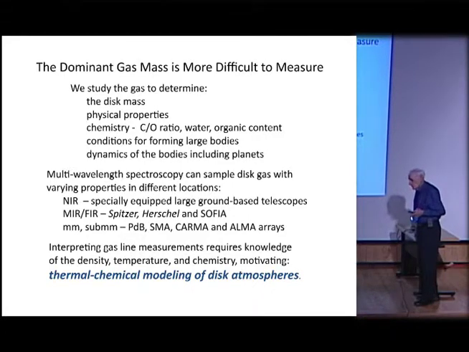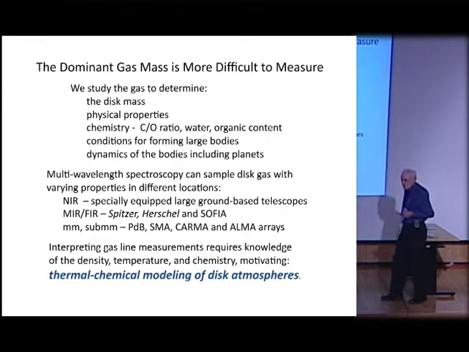Now, we're fortunately, after almost 2 decades of being interested in this subject, at a time when we can make many different kinds of gas measurements. And these range at least across the electromagnetic spectrum from the near-infrared to the millimeter.